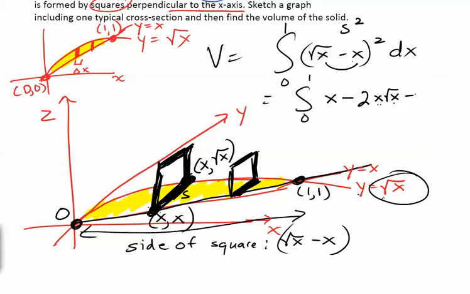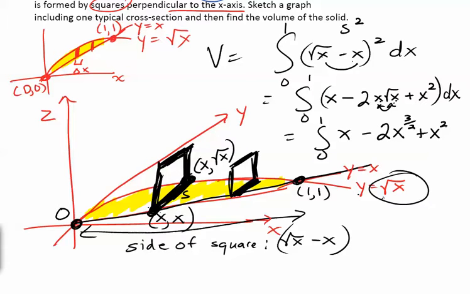And then the negative x squared will become a positive x squared. So let's think about writing this as a power. So this is x to the first times x to the half. So how about if we write negative 2x to the 3/2? So that we can do our antiderivative in our next step.